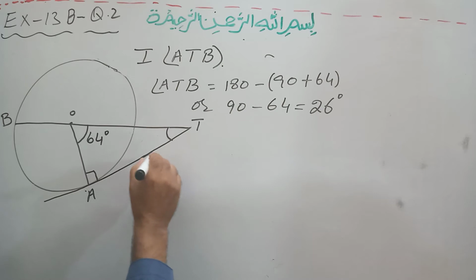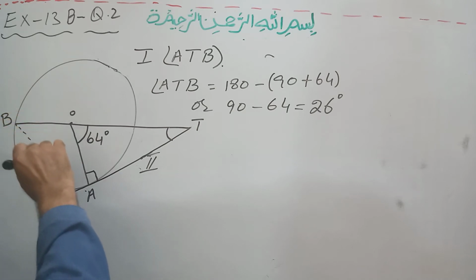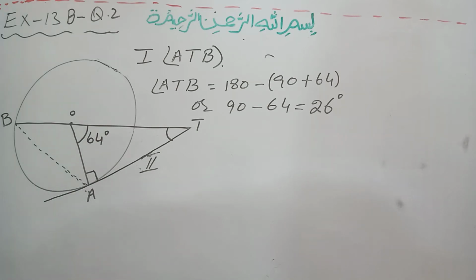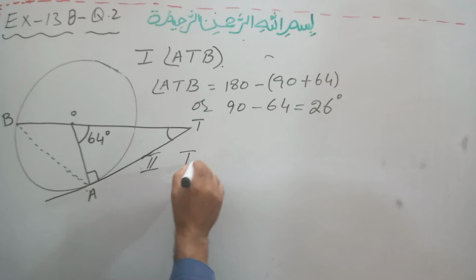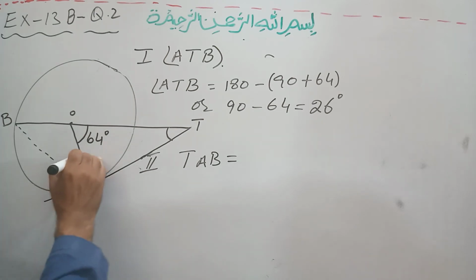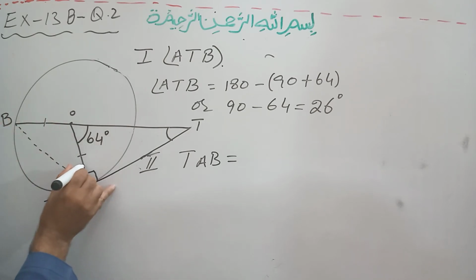Part 2 of the question. In part 2, he is asking for angle TAB. Angle TAB is required. We can draw a line here because in the question he hasn't given one. You can see that this is an isosceles triangle. OA is the radius and OB is also the radius, so both of these angles will be equal.